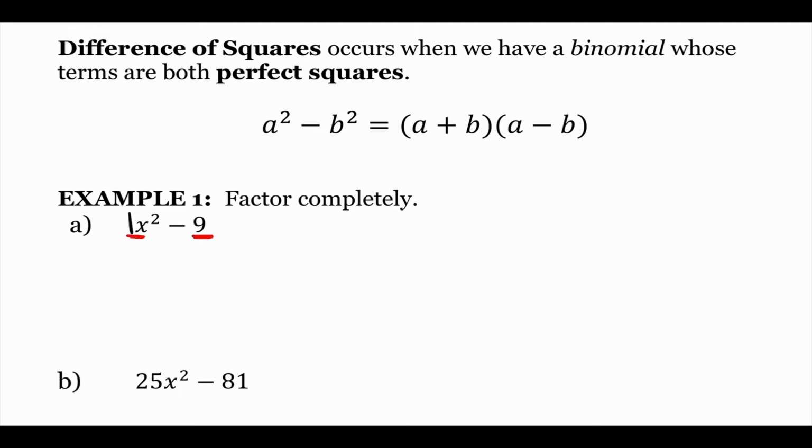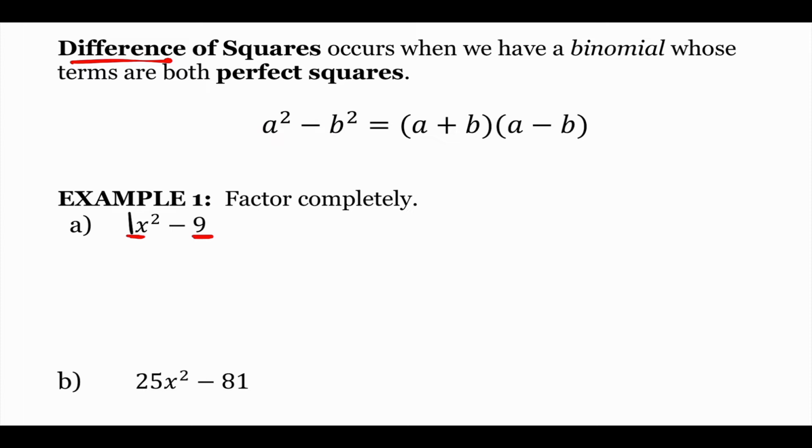Is 9 on my list? Yeah, it's on my list too. That's the squares part. The difference part is the subtraction sign in between them. It has to be a subtraction. That's why it's called difference of squares.